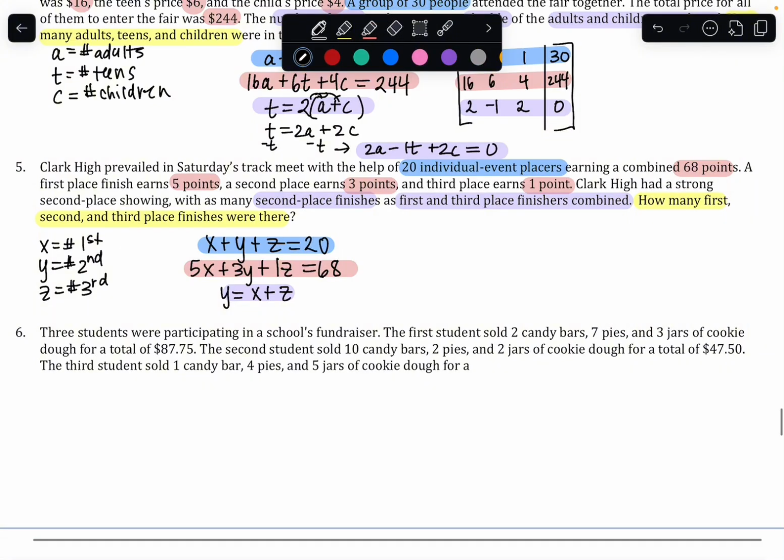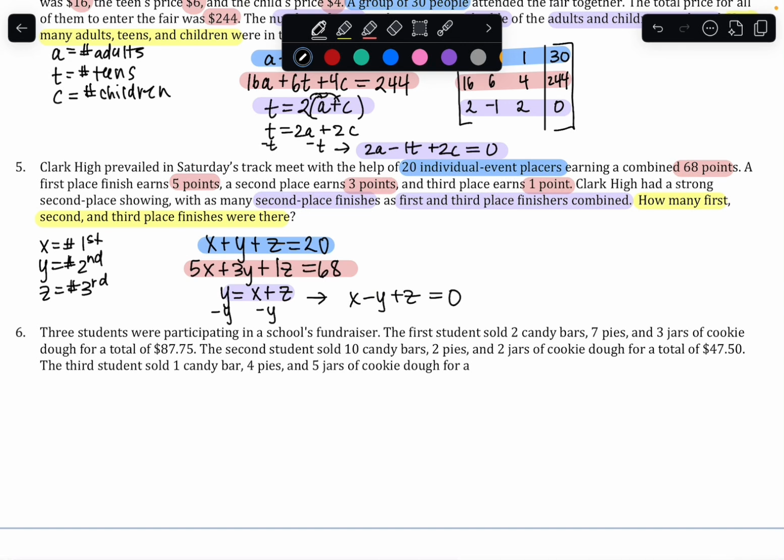Okay, and so you can either move the x and y or just move the y, and that would give us x minus y plus z equals 0.